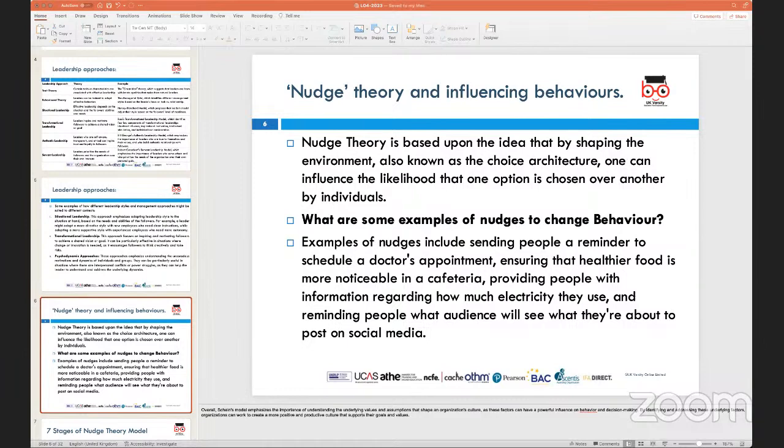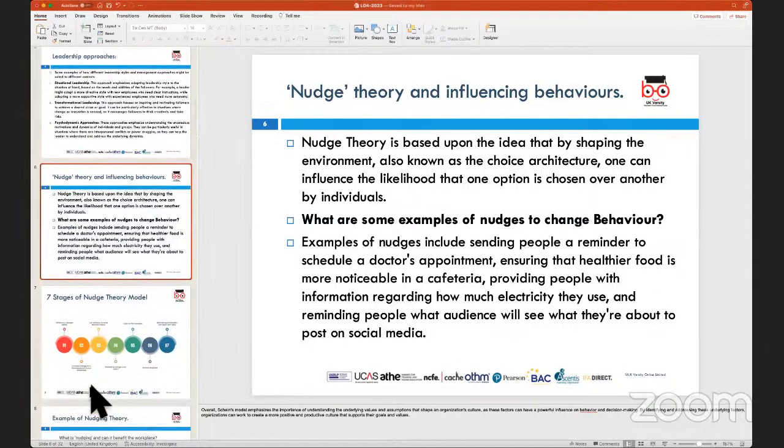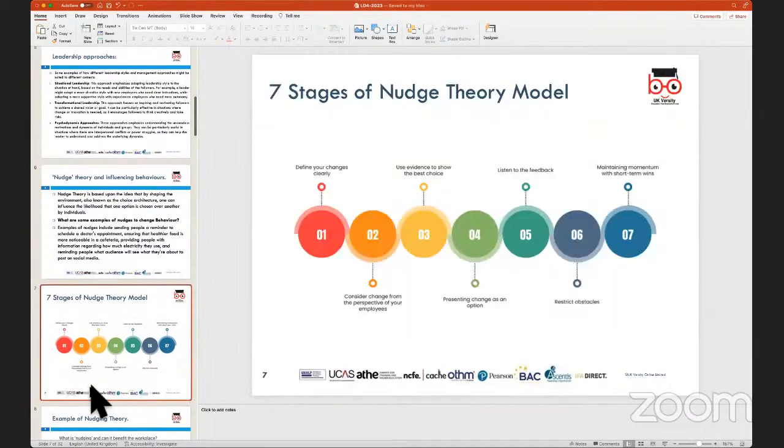This is a theory which has a lot of connotations, but when we understand the nudge theory in the context of leadership, we are theoretically understanding the model of leadership here, and how leadership uses this theory to bring across change within the organization.